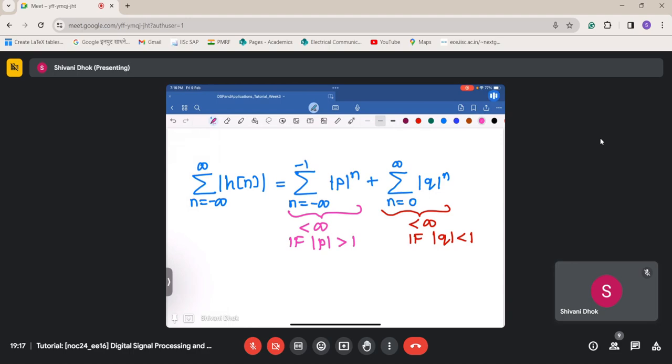So what does it say? It says that this quantity, that is the absolute summation of my impulse response, is less than infinity if magnitude of p is greater than 1 and magnitude of q is less than 1.